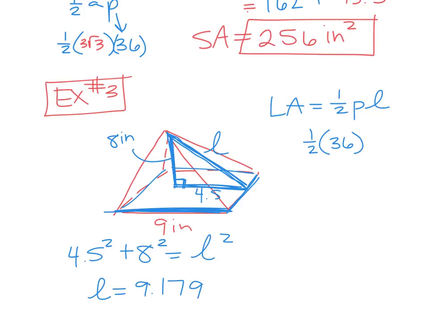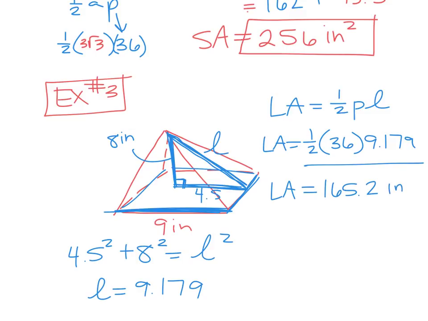That way when you round to the nearest 10th, it really is a true rounding at the end. Okay? So that's our slant height. So we're going to plug that in here, 9.179, and then plug that in. Your lateral area comes out to 165.2 square inches.